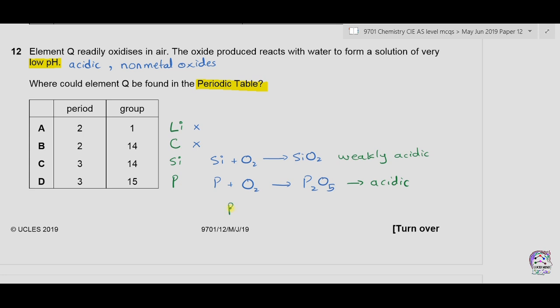The equation would be like this: P4O10 solid dissolves in water to form phosphoric acid, and the pH of this solution is equal to 2. So therefore correct option is D.